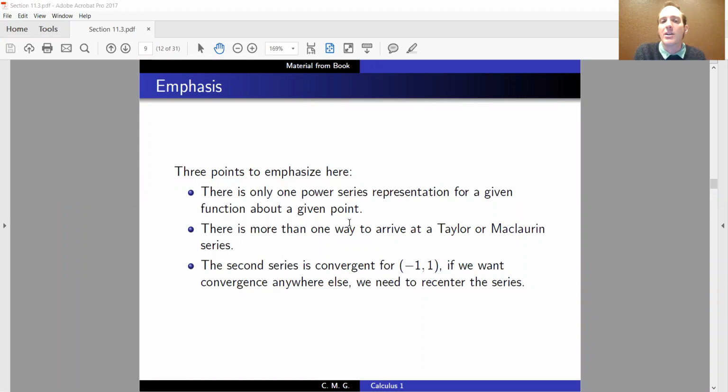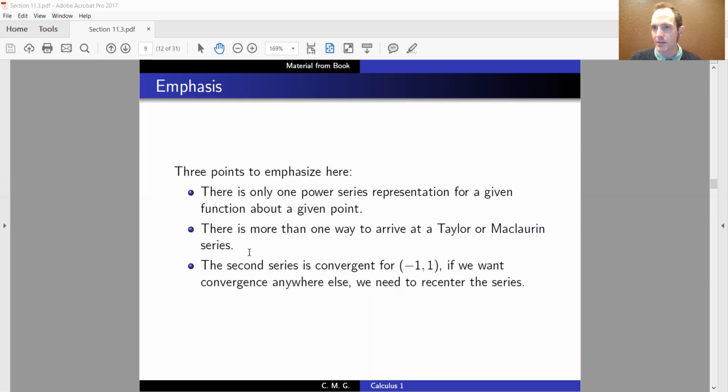There's no way I could have gotten anything else. So there's only one power series representation for any given function about a given point. There's certainly more than one way to arrive at that series. So for this one, we did this by the Maclaurin series, or we did it by looking at the geometric series.